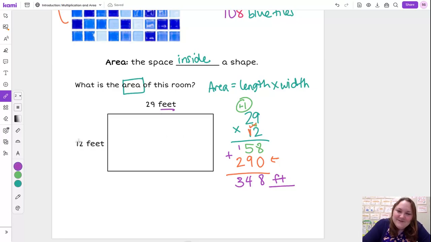So here, because we were talking about feet, my area, which I'll call A, is going to be 348 square feet. In today's lesson, we're also going to be looking at questions about area, and the important thing to remember is to find area, you are always going to be multiplying the two sides of that rectangle.